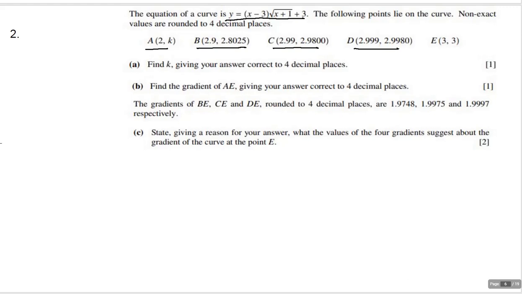It says find k, give your answer correct to 4 decimal places. These are points that came from this function, so what you've got to do is plug in the x values into this function and find out what k is. So pause this and try to do that, and then start back up again when you're ready.